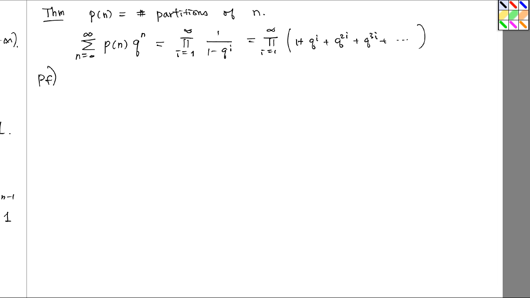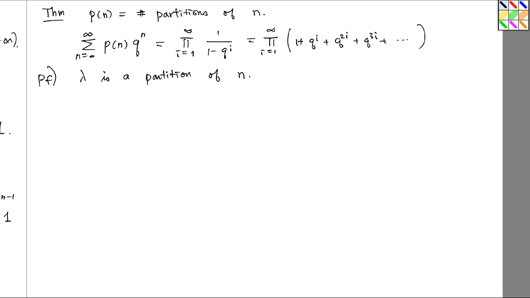Just consider lambda, a partition of n. Let's assume that we take one partition of n. Then lambda is a decreasing sequence of integers summing to n.